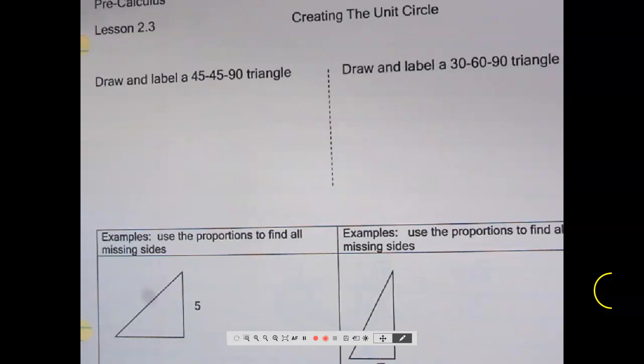Okay, how many of you know these ratios already? Like they're locked away in your brain. Anybody? A couple people? Okay.